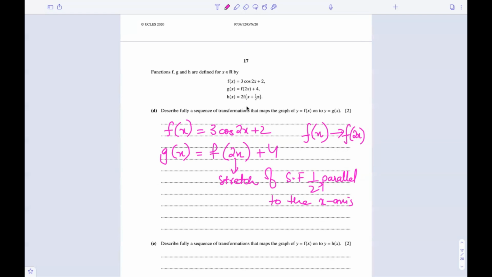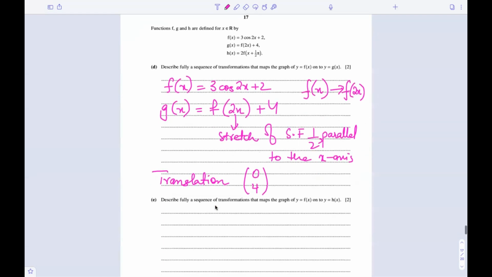The plus 4 means that the graph will shift 4 units upward. So we can say that this is a translation with vector (0, 4), as there is no movement in the x direction, and a movement of 4 units in the y direction. These are the 2 transformations that transform f of x onto g of x.